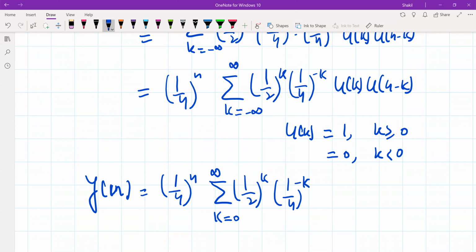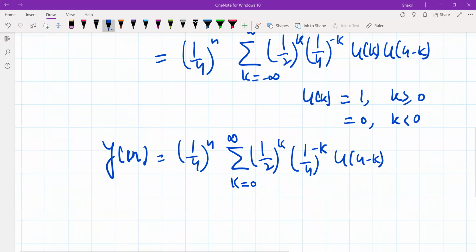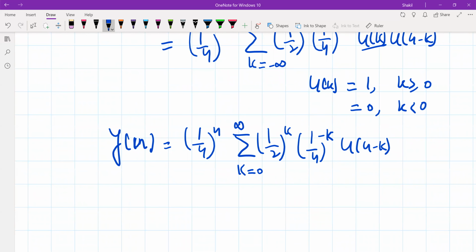All right, we have exhausted u of k there, and now we are left with u of n minus k. We used the definition here, and we got the summation running from k equal to 0 to infinity.